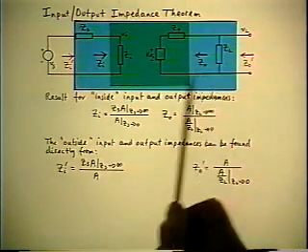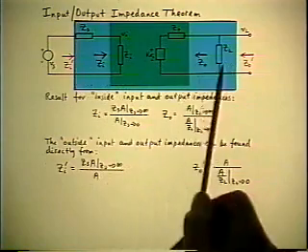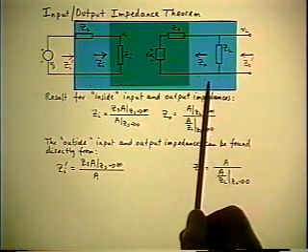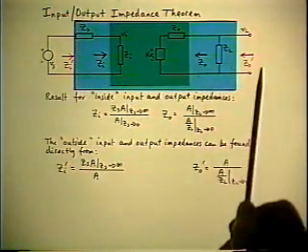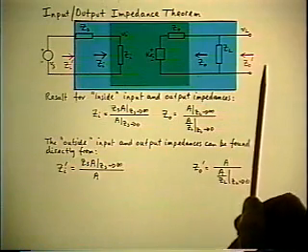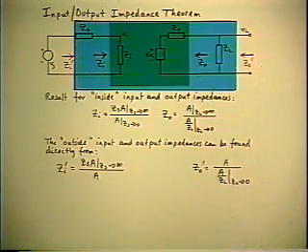And the only difference is that the ZS and ZL have gone inside the blue box. And now all I do is apply the original formula to the blue box instead of the green one.